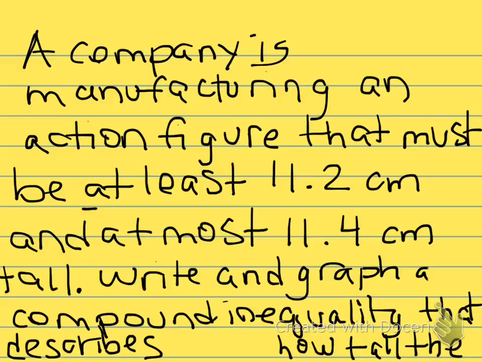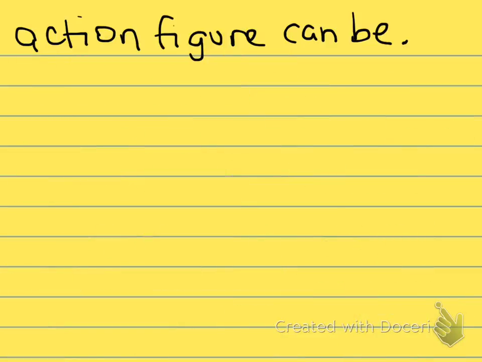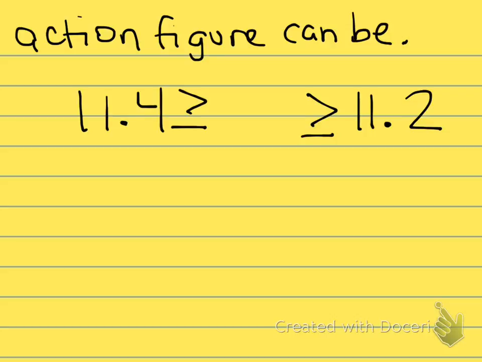So if we think of it, at least would be greater than or equal to 11.2, and at most would be less than or equal to 11.4. And since we don't know how tall the action figure is, that is going to go in the middle. We don't need to actually do any solving here, so we're just going to graph it.